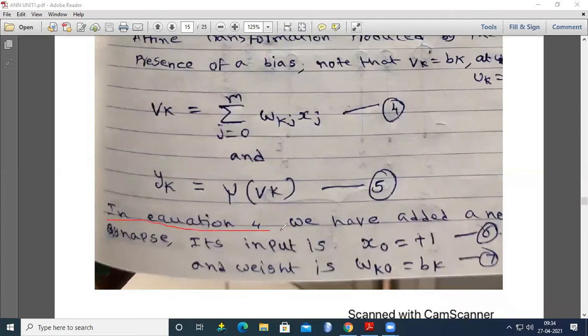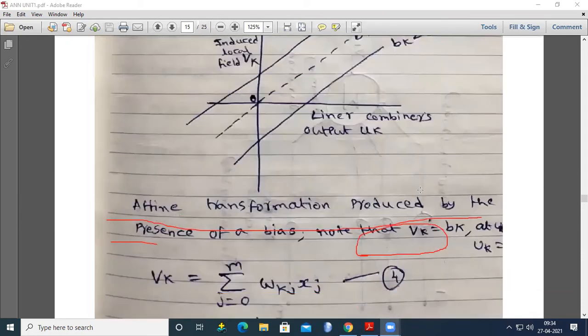In equation 4, we have added a neuron synapse. Its input is x naught equals plus 1, and the weight is wk0 equals bk. Here we call that the bias.